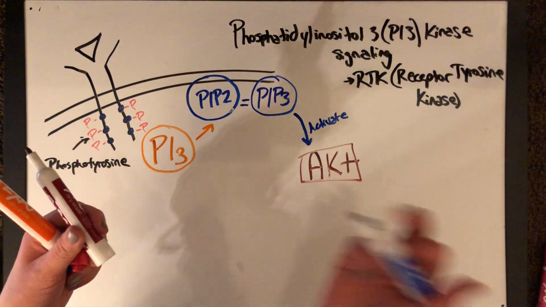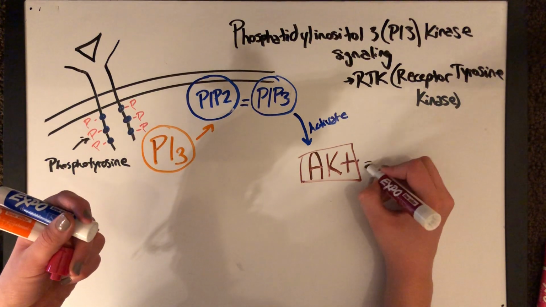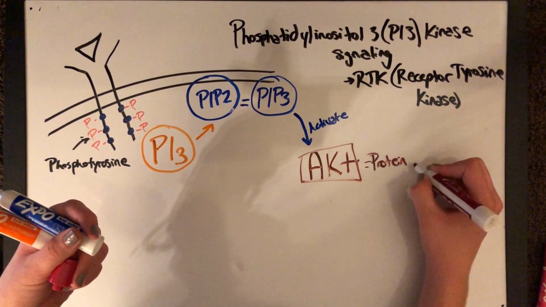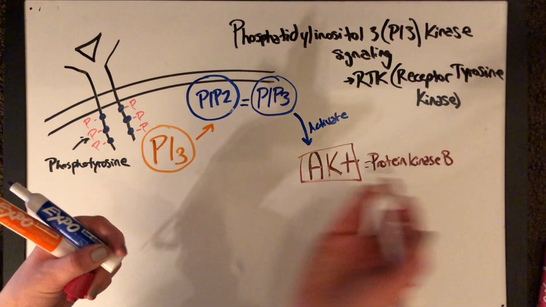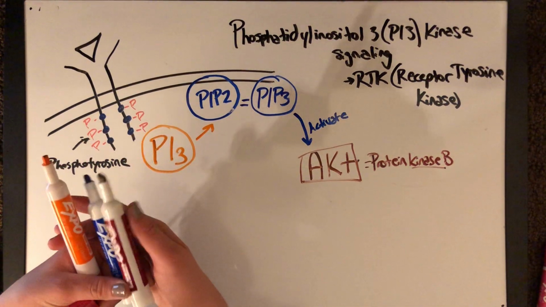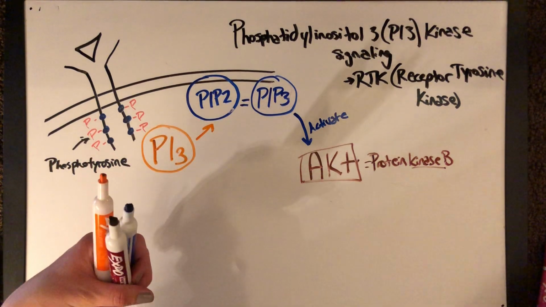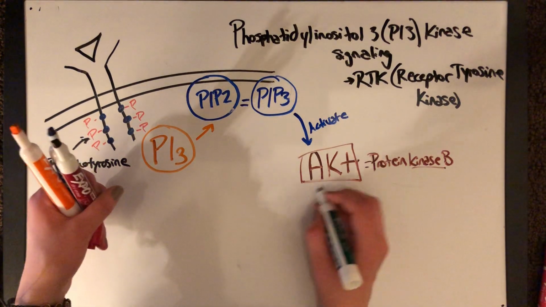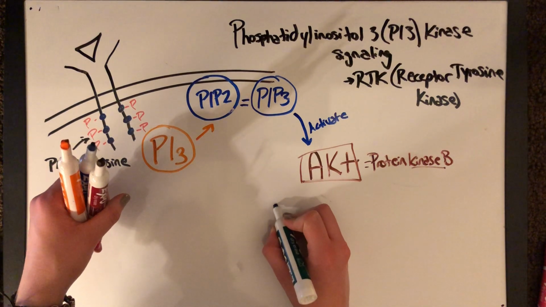Okay, AKT is also called protein kinase B, we said. And we know that kinases phosphorylate things, right? So AKT is probably going to go phosphorylate something. So our next step, AKT is going to go and phosphorylate something called BAD.